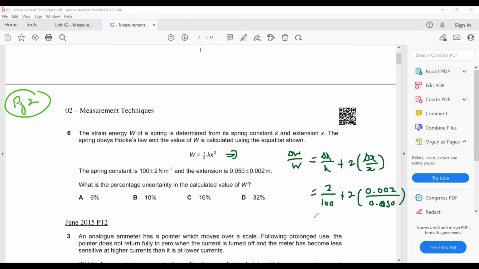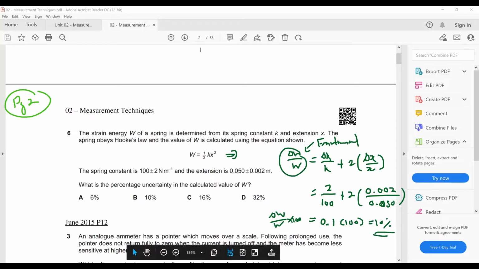Yes, the answer would be B, right? Because you got this as 0.1. This is fractional form. To change it to percentage form, you just need to multiply by 100%, giving you 10%. Okay, so this one is okay.